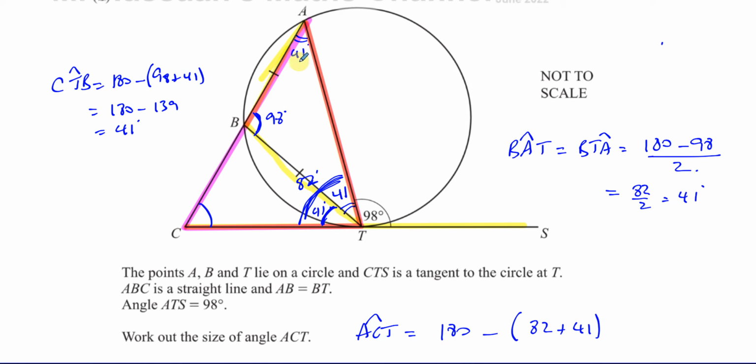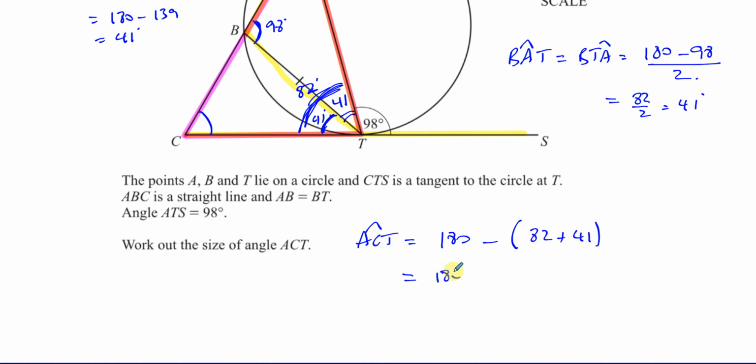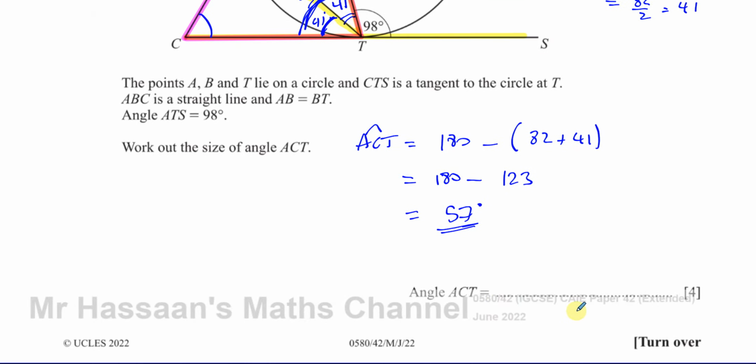Okay, because I have this angle plus that angle make a triangle. So that's 180 minus, that's going to be 80 plus 40, that's 120, that's 123. So 180 minus 123 is 57 degrees. So 57 degrees is ACT.